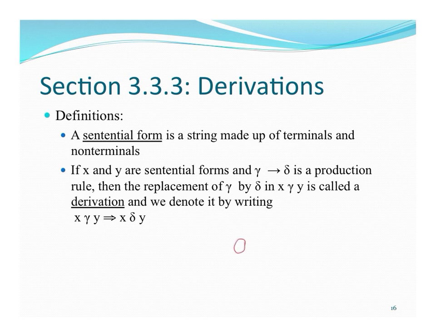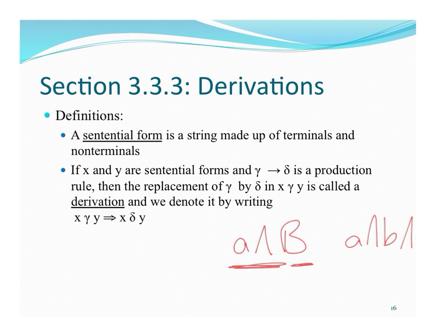It was A lambda capital B, right? And that has some terminals in it and some non-terminals. So that's a sentential form. And A lambda little b lambda is also a sentential form, but you don't have to have non-terminals, or terminals for that matter, in your string to make it a sentential form.